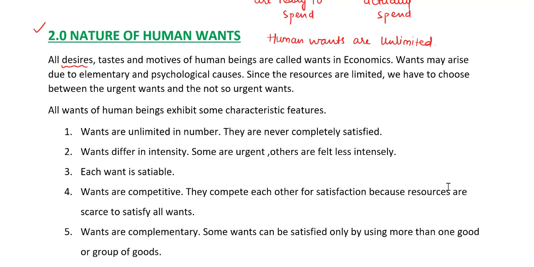So, all desires, tastes, and motives of human beings are called wants in economics. Wants may arise due to elementary and psychological causes. Since the means are limited, the resources to satisfy wants are limited, we have to choose between the wants. So basically, those wants which are urgent will be chosen first.